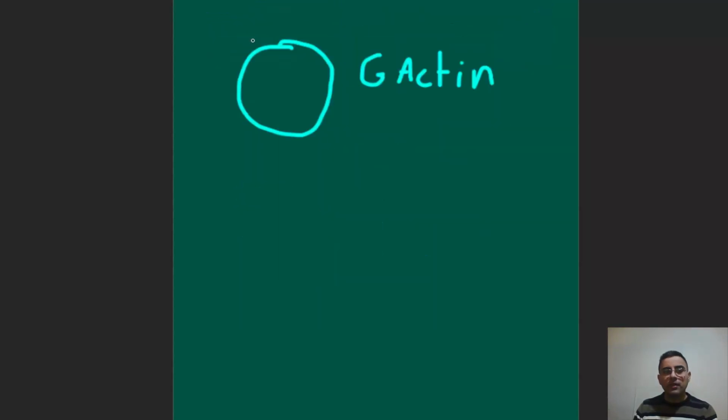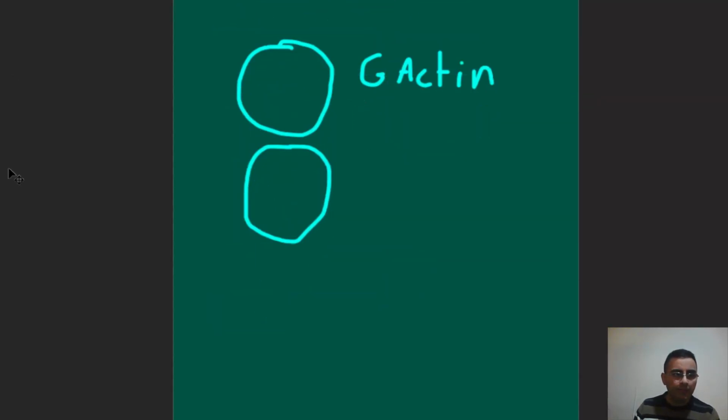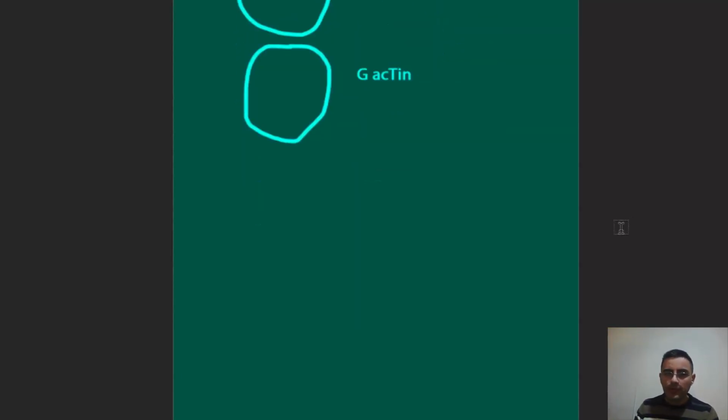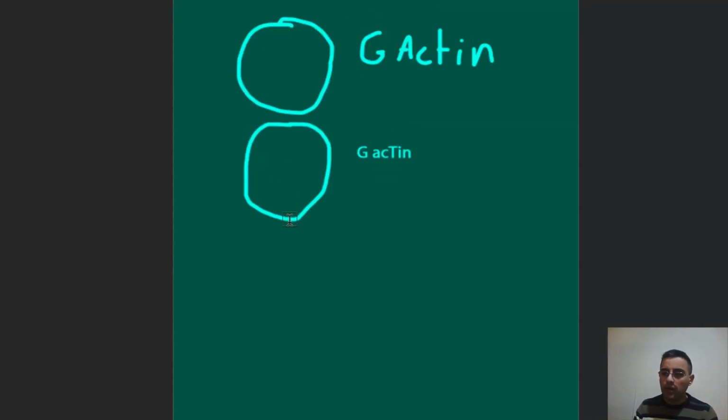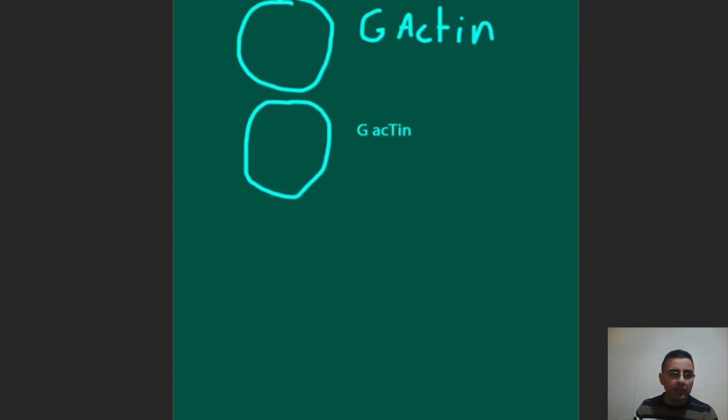This globular structure, G actin, is the subunit of microfilaments, and the microfilament structure is like that.